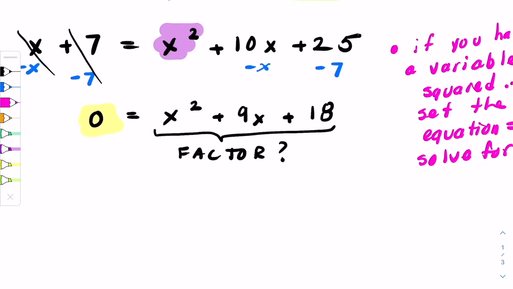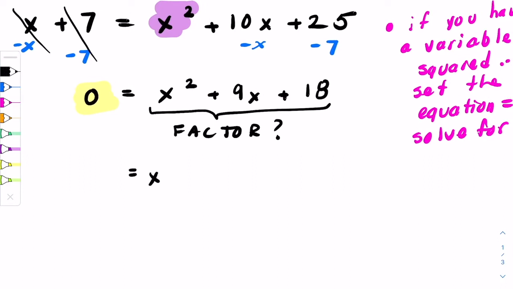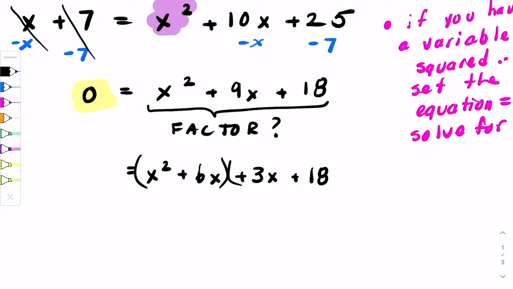All right, so looking at this expression, x squared plus 9x plus 18. What two factors multiply to 18 and the same two factors add to 9? So that would be 6 times 3. I'm going to rewrite this expression as x squared plus 6x plus 3x plus 18. Factor out an x from the first two terms, x plus 6.